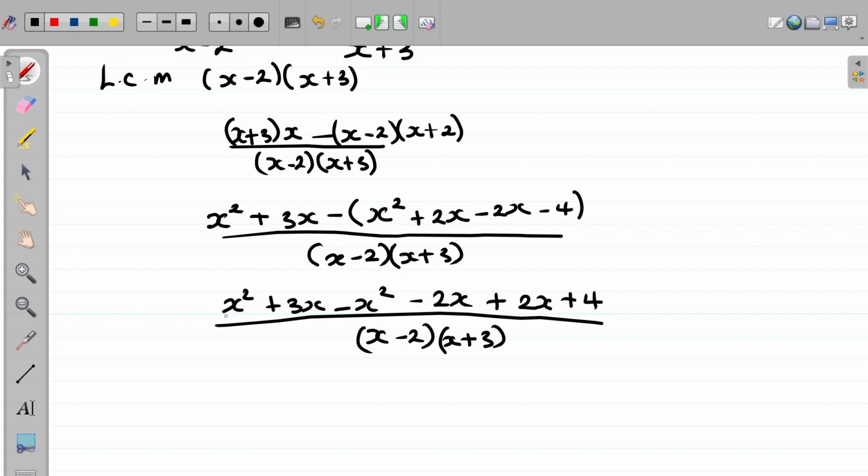From our numerator, x squared cancels out minus x squared, minus 2x cancels out plus 2x. So our expression reduces to 3x plus 4 divided by x minus 2, x plus 3.